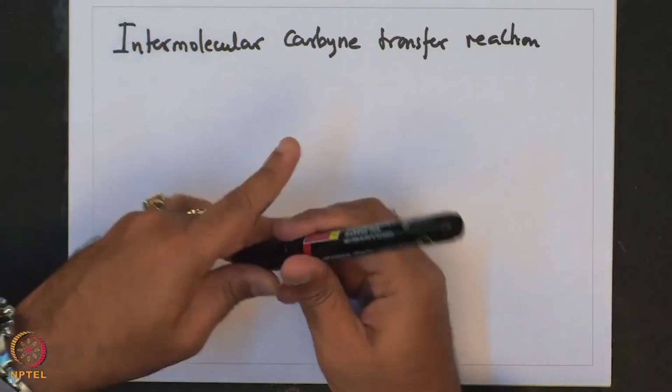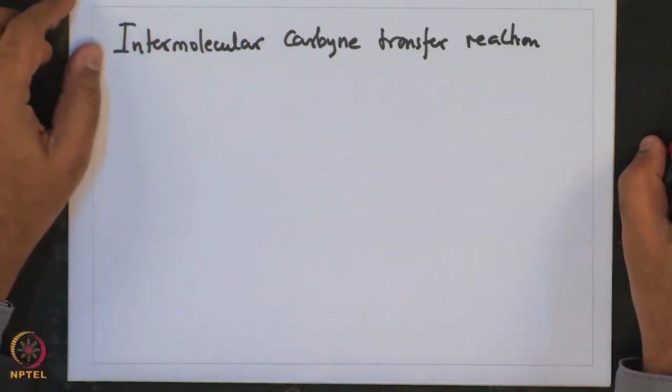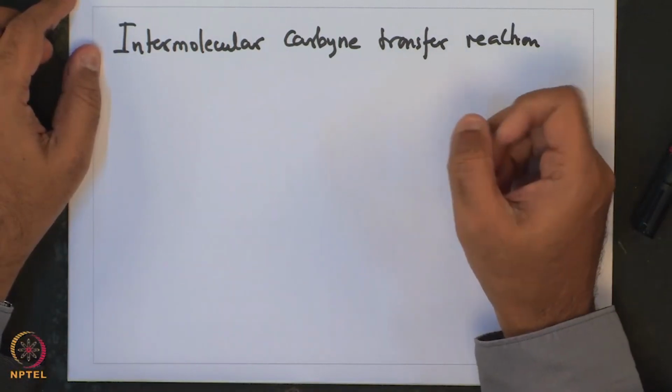Now, let me mention this in the context of the transition metal carbene chemistry that we had discussed. The transition metal carbene reagents are not too good a source for carbene transfer reactions, and the chances of obtaining free carbenes from transition metal carbene complexes were rare.